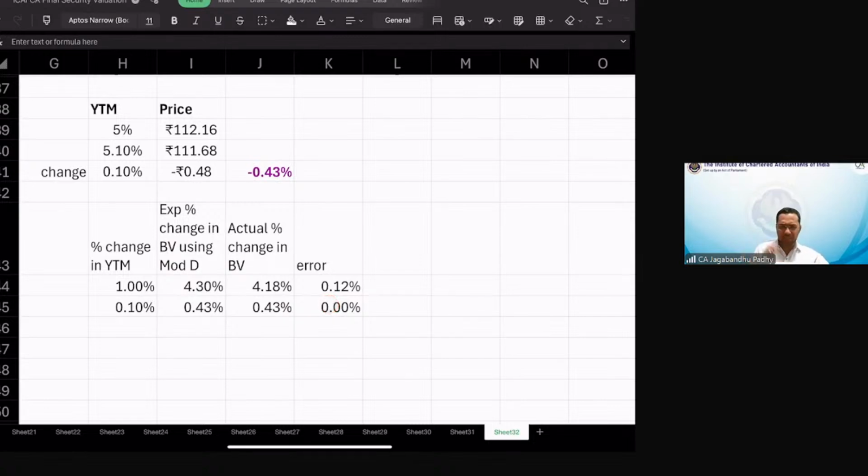I left you in suspense in our last class, because there is an error for a 1% change in YTM, but the error becomes 0, or is reduced, when the change in YTM is 0.1%. So let's unveil that suspense now. Why is it that for larger changes in YTM there is an error in the estimation, whereas for smaller changes the error seems to be minimal or negligible?